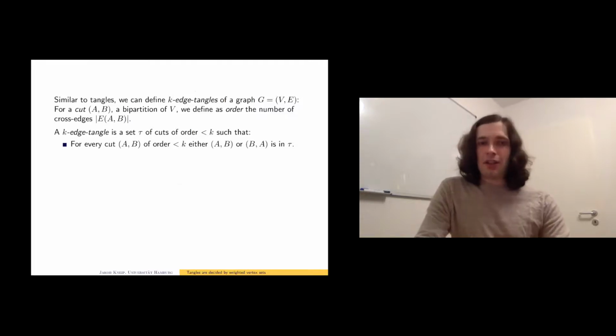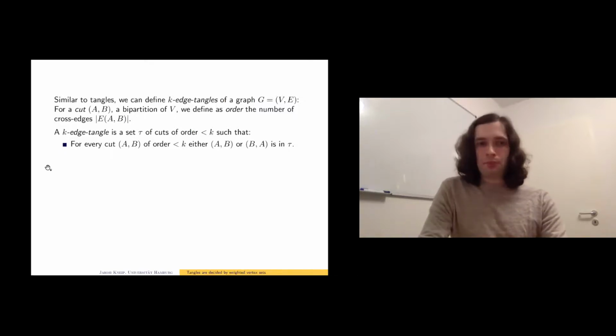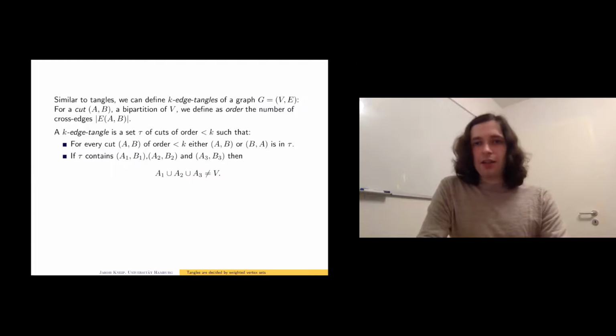A K edge tangle is a set of cuts of order less than K, which for each cut of order less than K declares one of the two sides as big. So it contains either A, B, or B, A. And secondly, such that no three small sides together cover the vertex set.